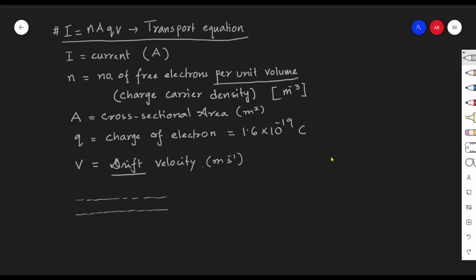So the free electrons are randomly moving in all directions. If I consider these to be the free electrons in the wire, they are moving constantly and randomly in all directions. Suppose this one is moving along this direction, this one in that direction. So it is a zigzag random pattern of these free electrons.